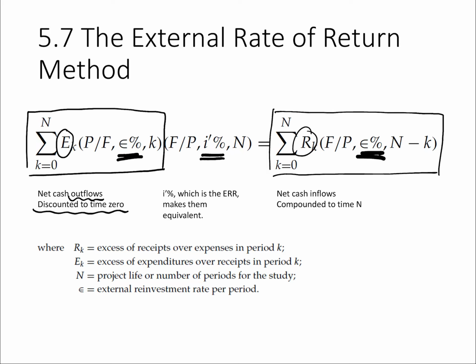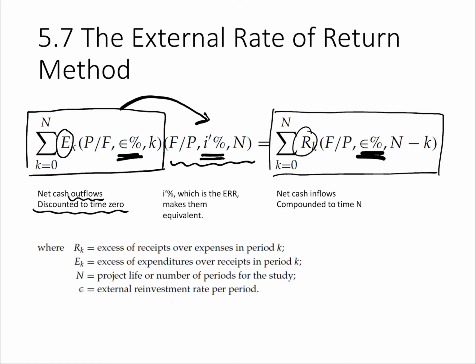So now we're looking at some I prime that can make these two quantities equal, but to make them comparable, we said we always want to convert the cash flow to the same time spot, right? So we choose to convert the present value to a future value using this factor.